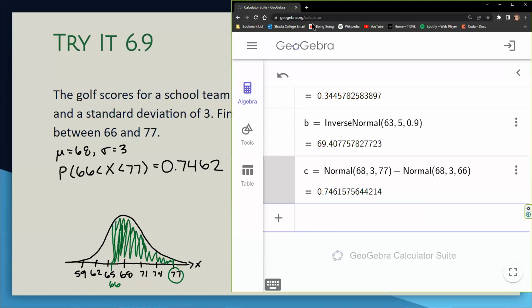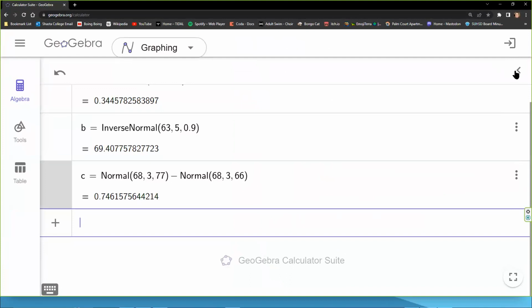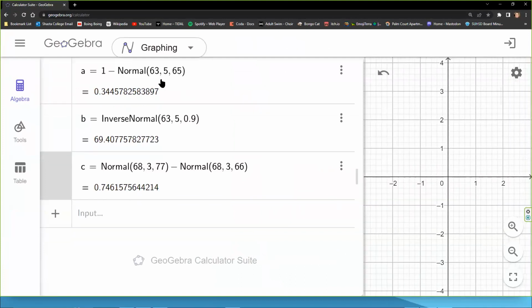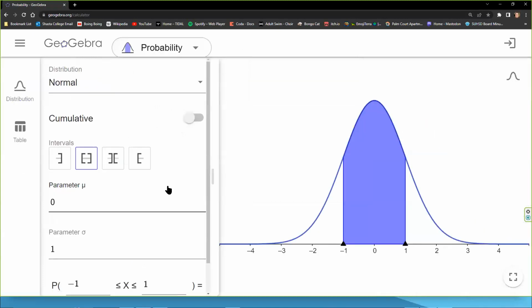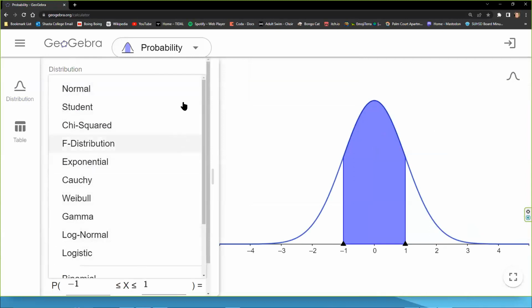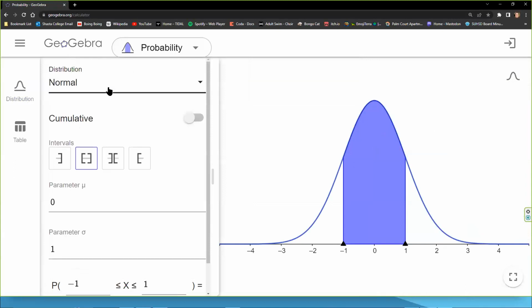What I'd like to do is show you something kind of cool on GeoGebra that the TI can't do. So here, when you go up to the top next to GeoGebra, there's a little toggle menu. And GeoGebra can do lots of different things, but you'll notice that bottom says probability. And when you click on it, it has several distributions listed in it, including binomial, which we talked about, but it defaults to the normal.